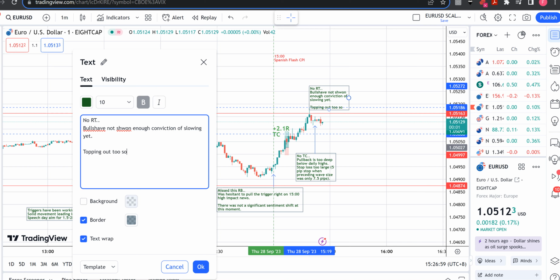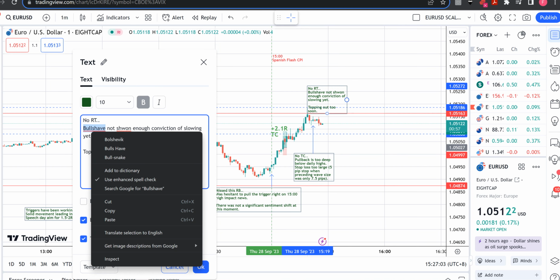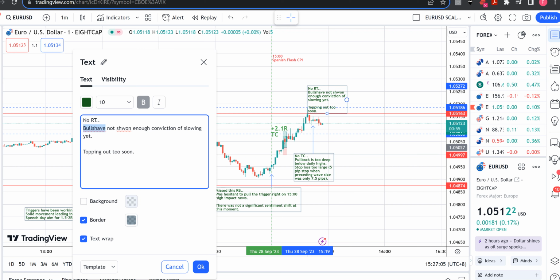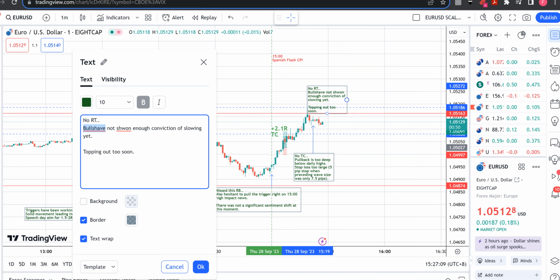Topping out too soon. Yeah, I don't know what dictionary I have, but it's like, what? I have a different language dictionary, I swear. Man, not butcher that. Showing enough conviction of slowing.